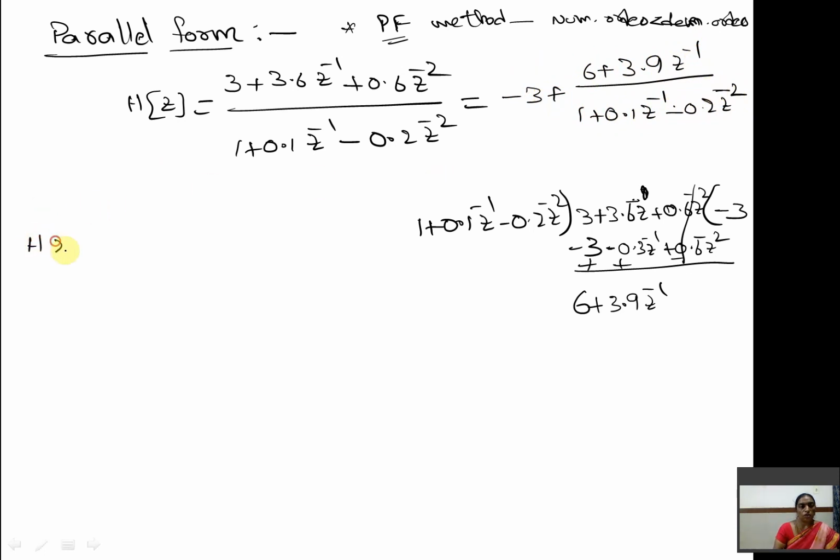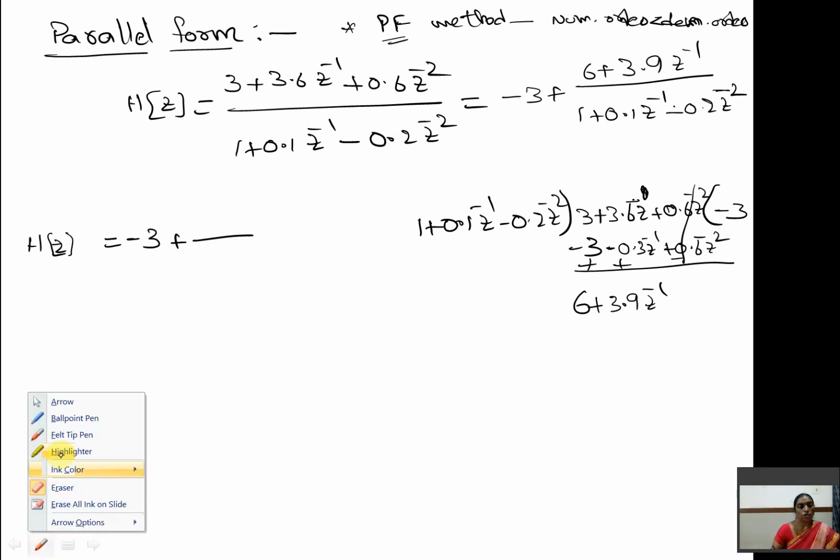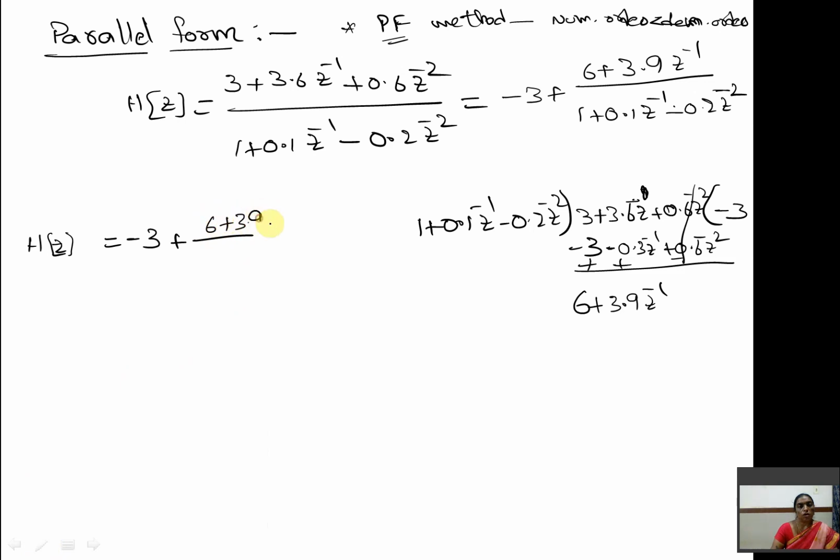So H of z is equal to minus 3 plus, so here I am writing this one like this, 6 plus 3.9 z inverse divided by, so roots here for this, 1 plus 0.5 z inverse.